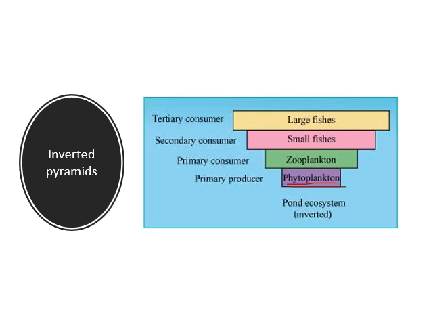And then zooplanktons, these are generally protozoans. Their biomass is more than phytoplanktons. Then the biomass of small fishes, which are secondary consumers, is more than the biomass of zooplanktons. And what about tertiary consumers, large fishes? Their biomass is more than the biomass of small fishes.